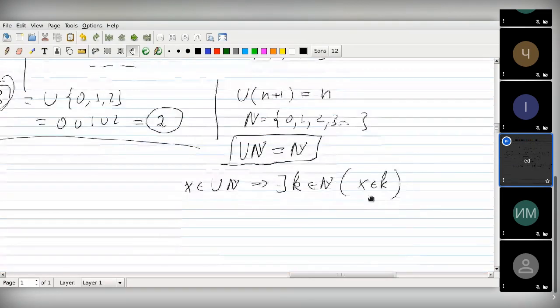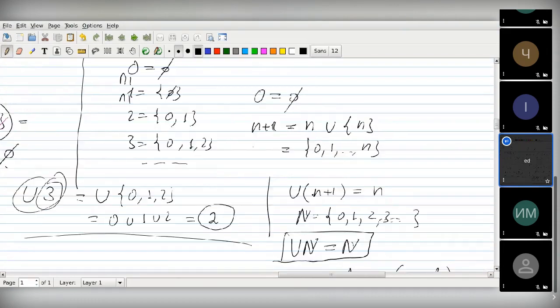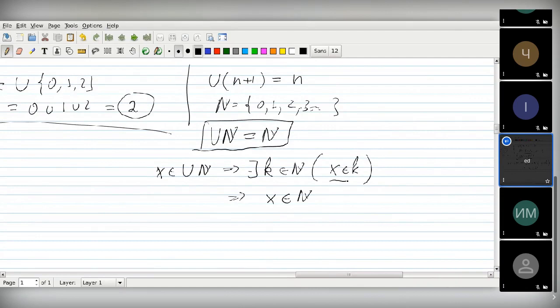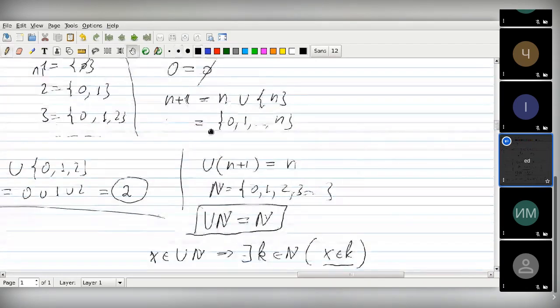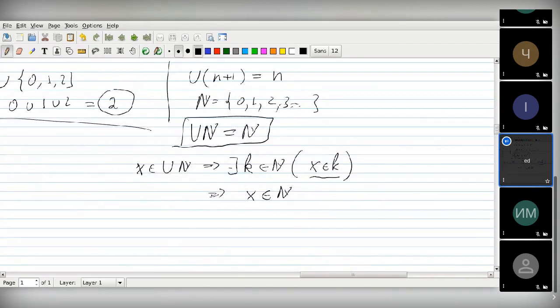But that means, according to our definition, that this x is a natural number itself. For every natural number is a set of all lesser numbers. So, hence, the union is a subset of n.